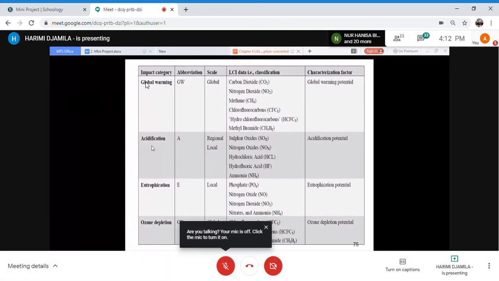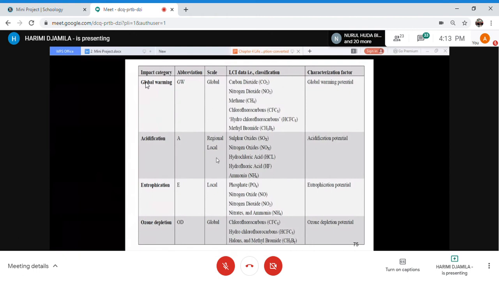Probably your case study is acidification, which has an effect at a regional level, while global warming is at a global level. Probably eutrophication, which has an effect at a local level. Probably your product involves ozone depletion, and you are supposed to consider it to minimize the product's impact on the environment.